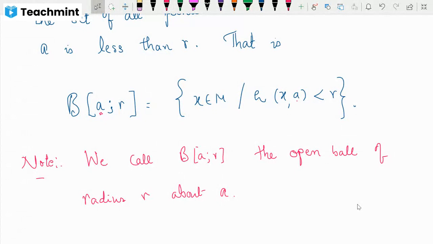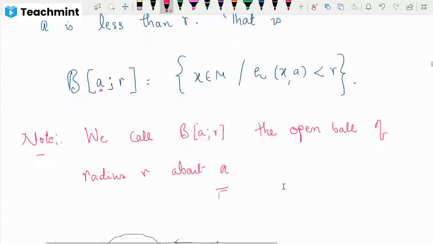So this open ball contains all those points of the metric space M whose distance from a is less than r. It looks like a circle, and its radius is r. We call B(a, r) the open ball of radius r about a. This is the definition of the open ball.